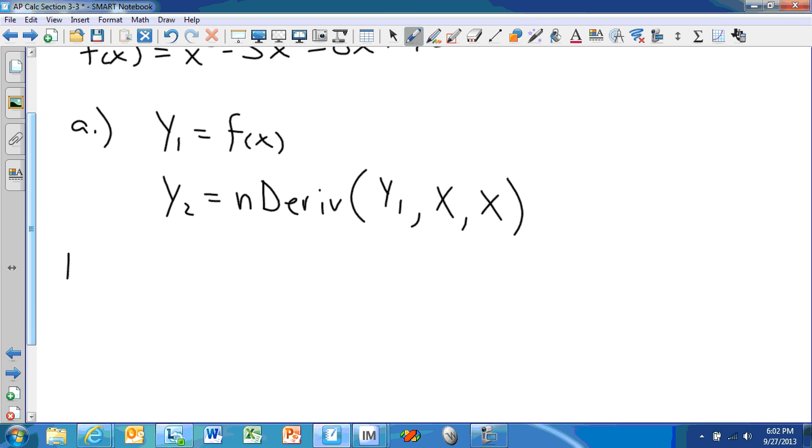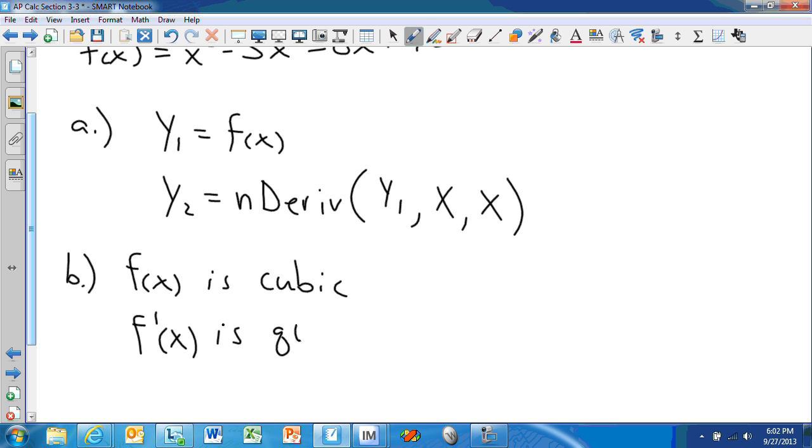Let's go ahead and write that down: for b, f of x is cubic, and f prime of x is quadratic. In terms of polynomials, that is, we started with a third-degree polynomial, a cubic function, and we ended up with a second-degree polynomial, a quadratic function. It appears like when we took the derivative there, we lost one in the degree of our polynomial. That is an interesting feature that we just noticed.